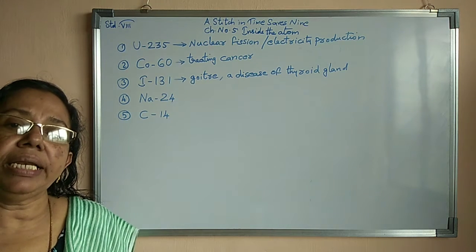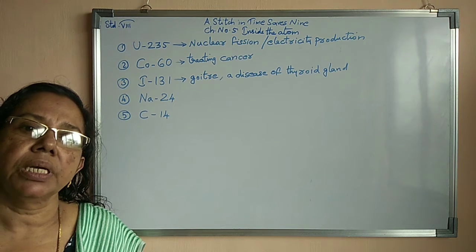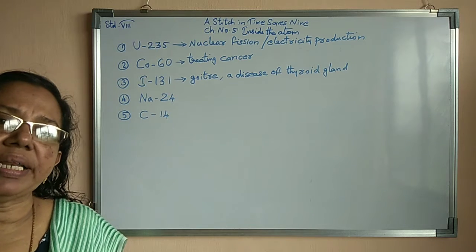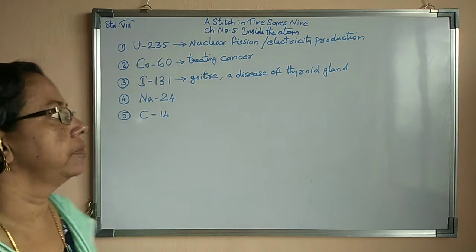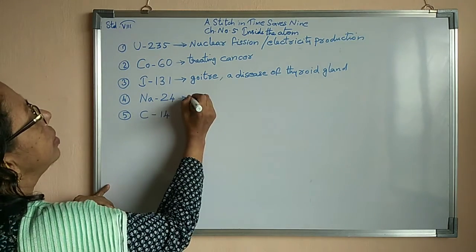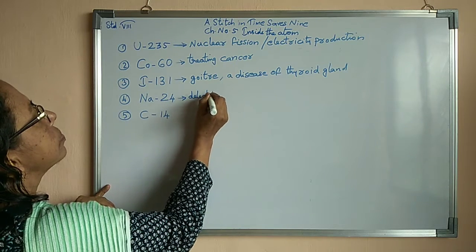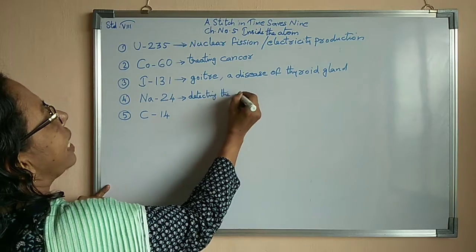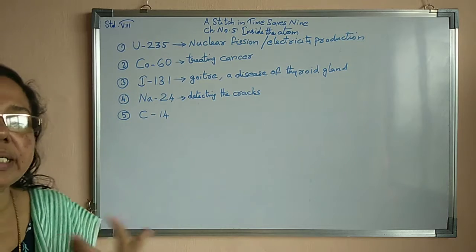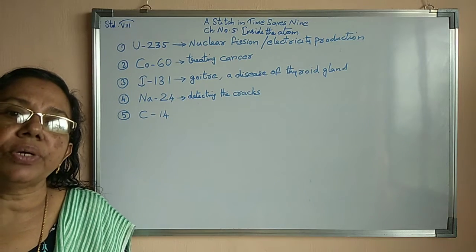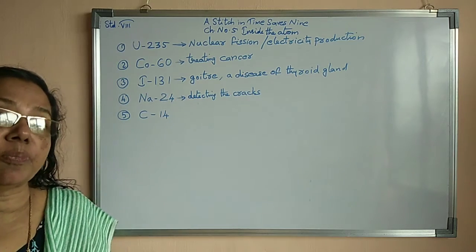Now here sodium 24. Sodium 24 is a radioactive isotope which is useful for finding any cracks in the underground pipes. So we can write here for detecting or finding the cracks, whether there is any crack in the underground pipe or not.